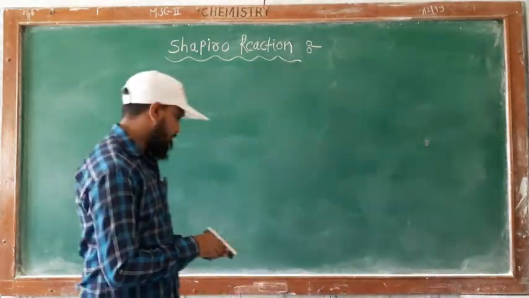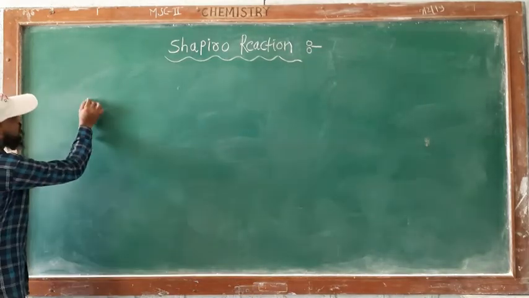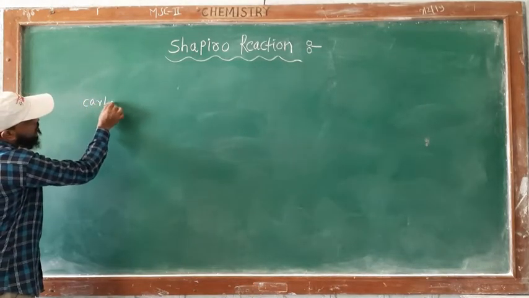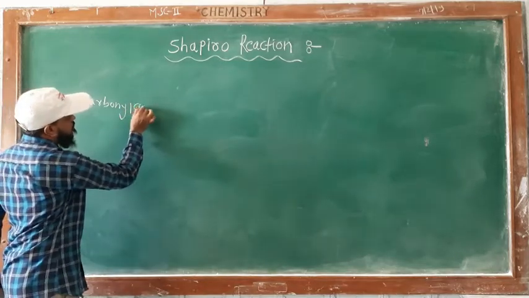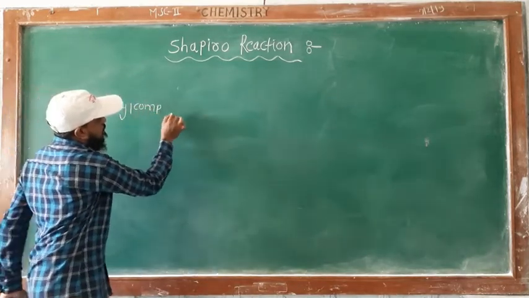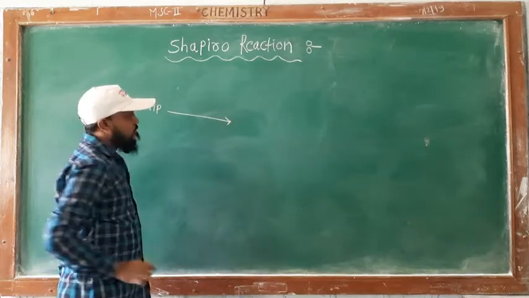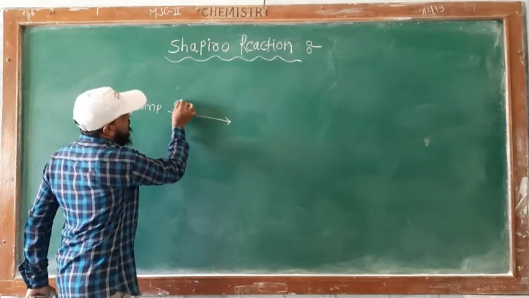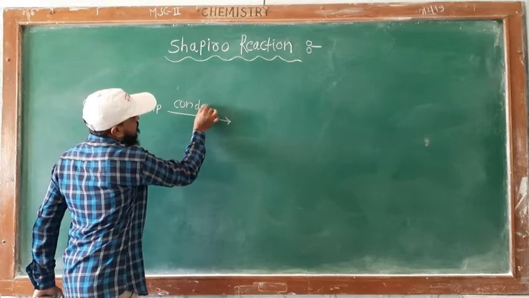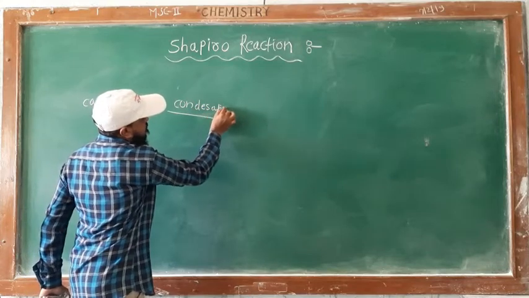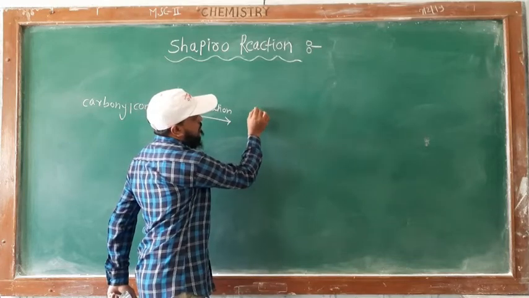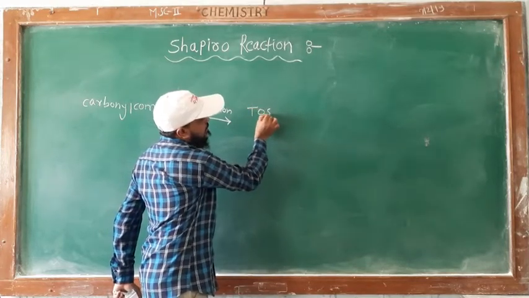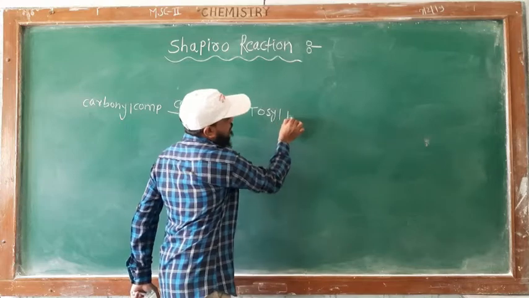Now look here, this is the carbonyl compound. Firstly, it condenses to form tosyl hydrazone.